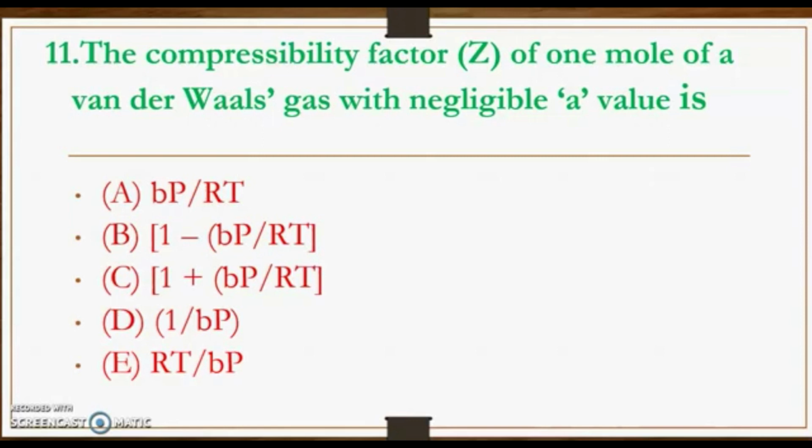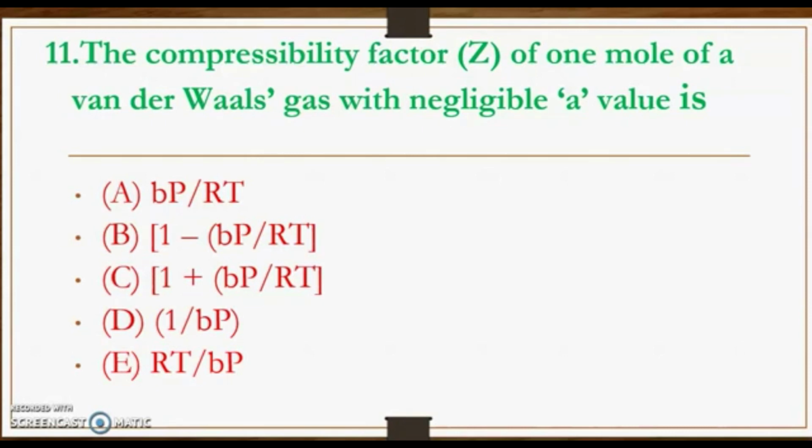Then take the ratio PV by RT. It will be equal to 1. But this will be 1 only for an ideal gas. For a real gas, it will be either greater than 1 or less than 1. So compressibility factor Z is equal to PV by RT.